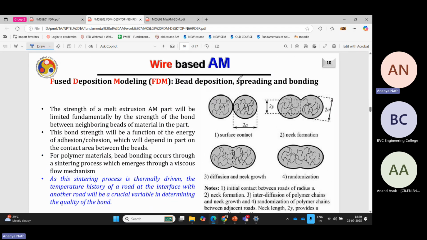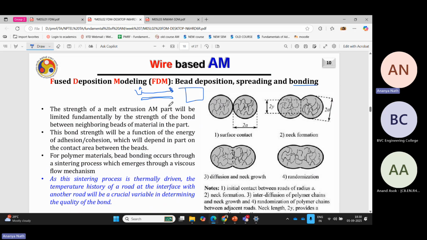Now, the next thing is bonding. I was talking about one bead. One bead means, for example, my pen is my nozzle. My nozzle went from A position to B position. So the deposition has taken place, and this is one bead.